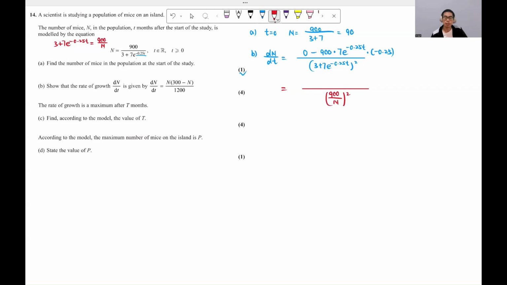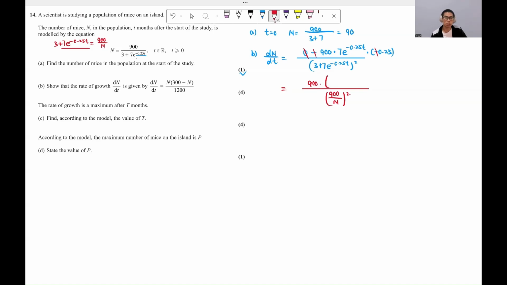And then the 0 is just 0. Negative, negative makes it positive. So that would be 900 times 7e to the power of negative 0.25t. We can rearrange 7e to the power of negative 0.25t as well.